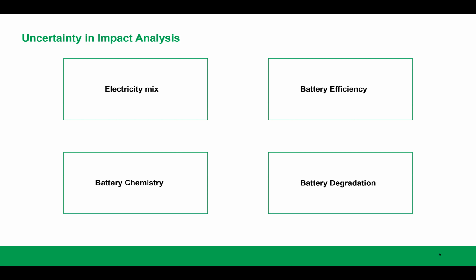Fourth, battery degradation. After a period of usage, the battery loses its capacity to store energy, and due to that, the efficiency of the battery will reduce over time, and that adds uncertainty to the efficiency and charging frequency of the EV.